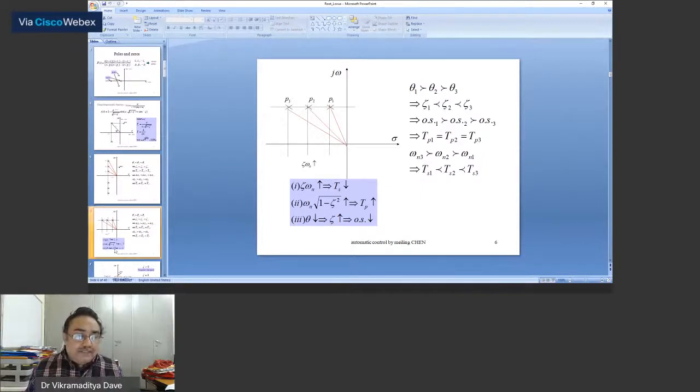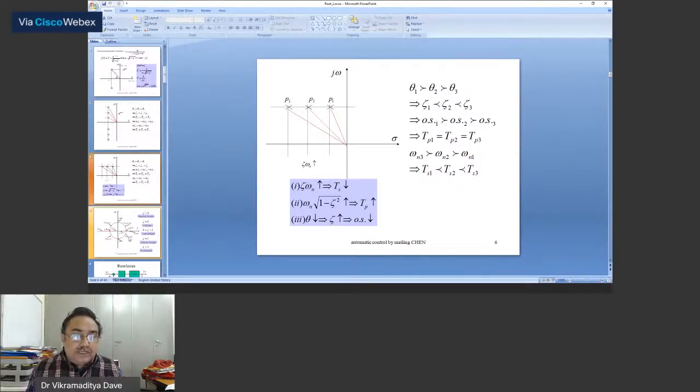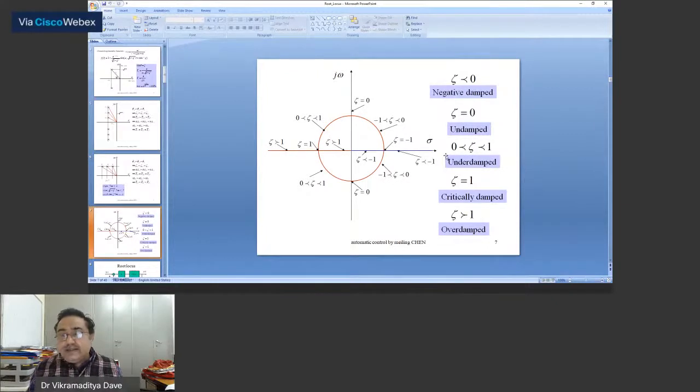Just on the basis of poles and zeros, how to comment on stability, we have already done that: as I vary the damping ratio from 0 to 1 and then again to -1, what will be the response of the system? If eta is equal to 0, it is called an undamped system, that is, sustained oscillations are there.